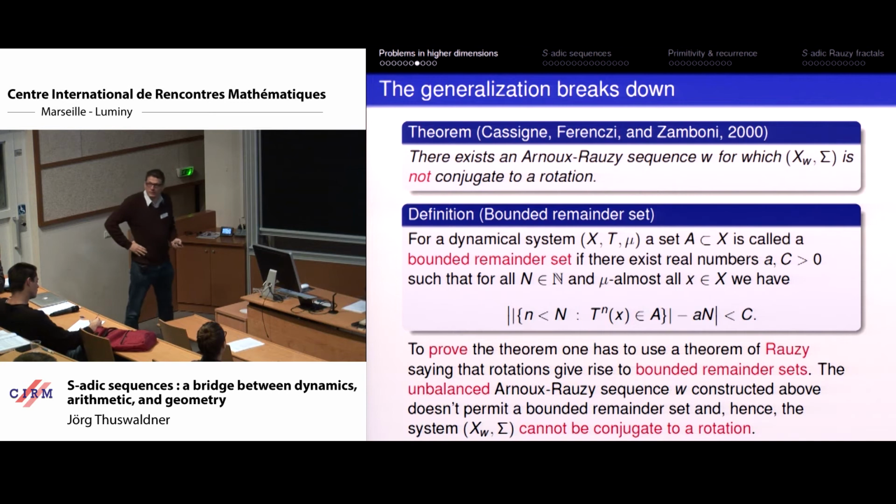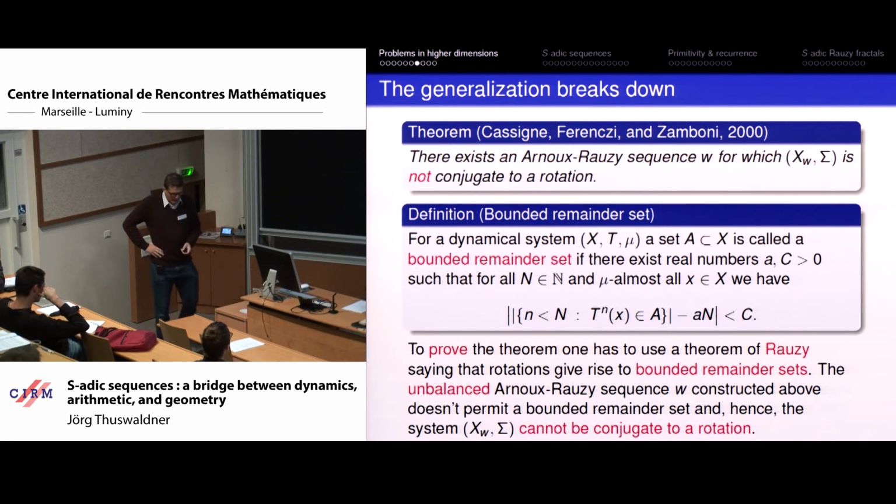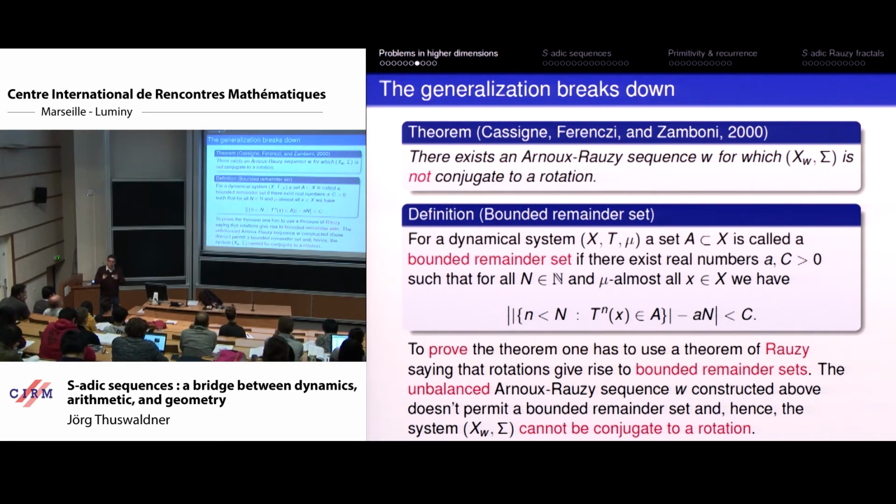So this is bad news, because this says that we cannot generalize the theory without some additional assumptions on our sequences. It turns out that in this construction, you need large blocks of substitutions of the same kind.